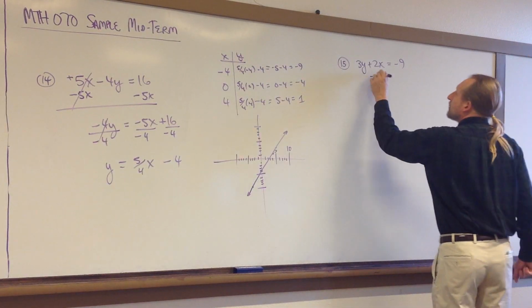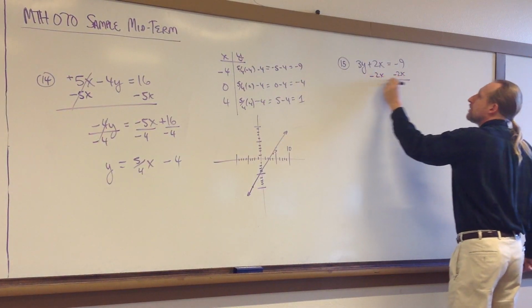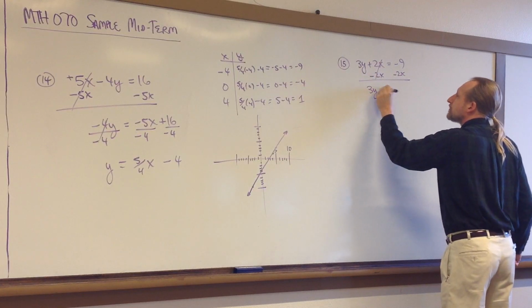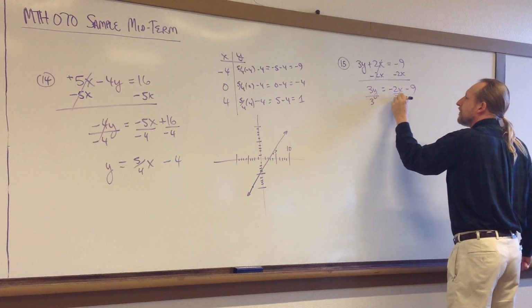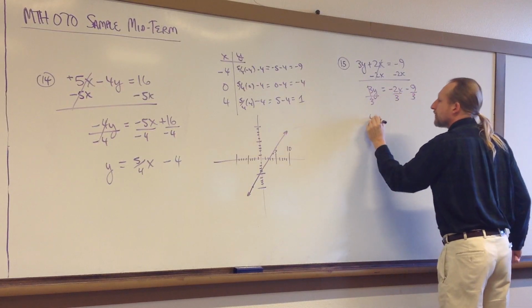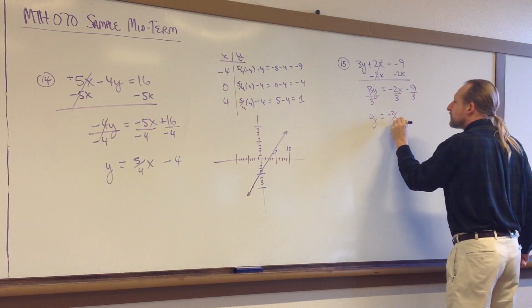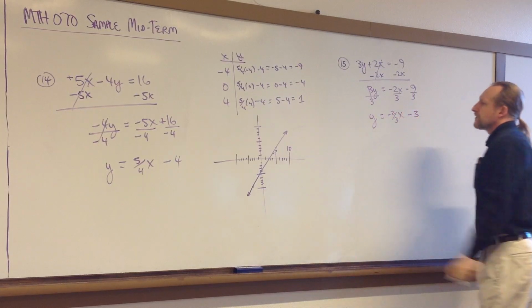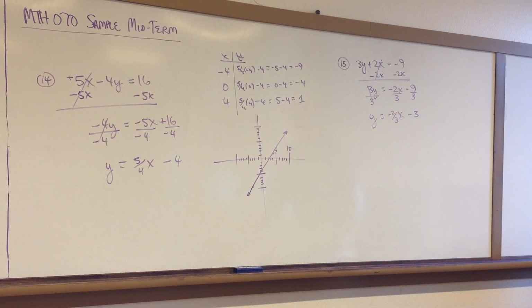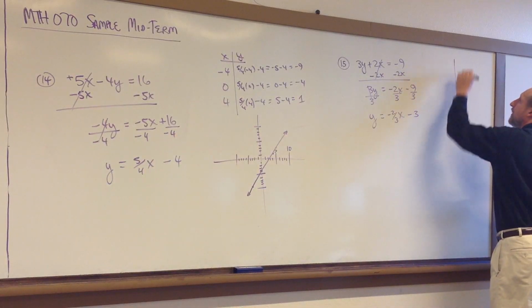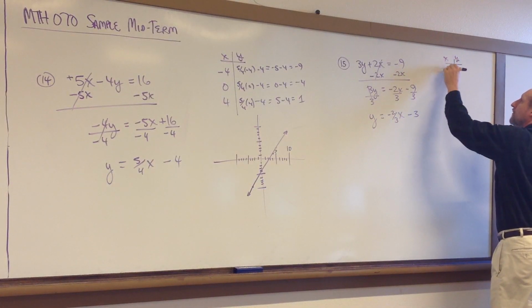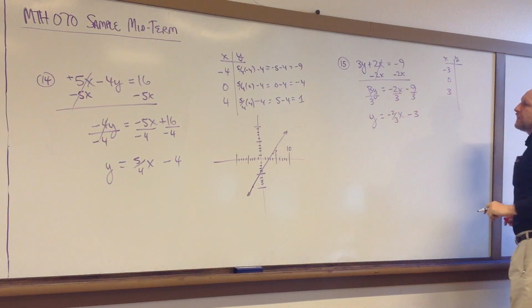So let's see, we're going to subtract the 2x on both sides. And then I'm going to divide individually by 3. So this will be negative 2/3 x minus 3. And so I'm going to pick x values that are divisible by 3. So negative 3, 0, and 3.